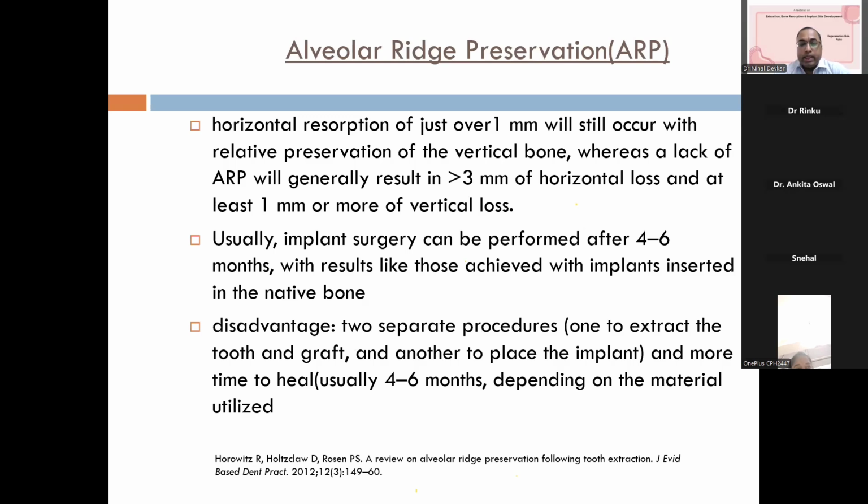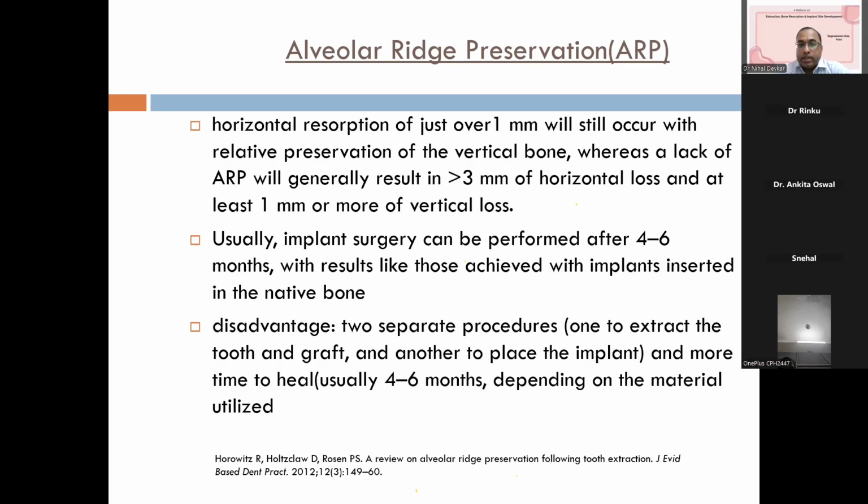Few more studies and their conclusions. They have shown that horizontal resorption of just over 1 millimeter will still occur with relative preservation of the vertical bone, whereas the lack of socket grafting, that has also been studied, will result in more than 3 millimeters of horizontal bone loss and at least 1 millimeter of vertical bone loss.